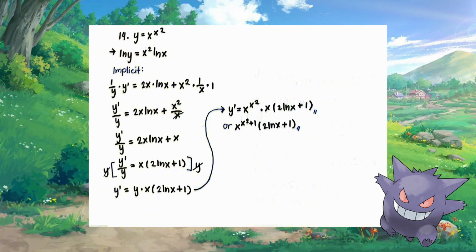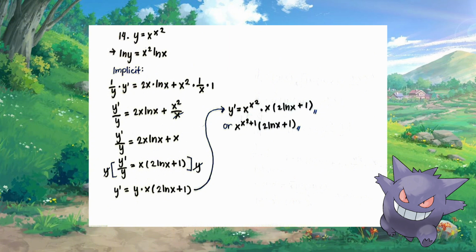Then we can see here that we can factor out the x from 2x ln of x plus x. Then the equation will now become y prime over y is equals to x quantity 2 ln of x plus 1.